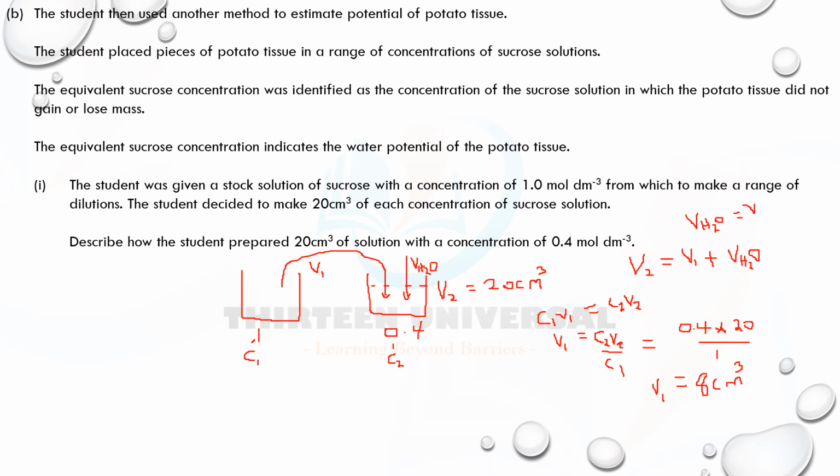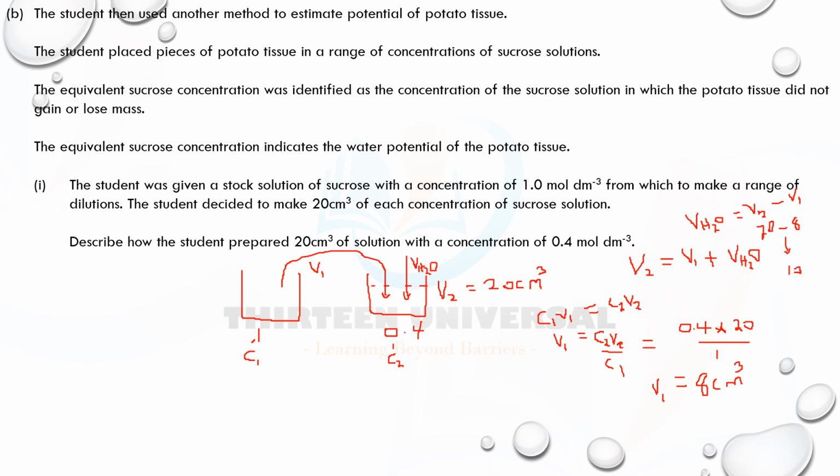V2 is 20. So 20 minus 8 gives you 12. So we are taking 12 cm cube of water.